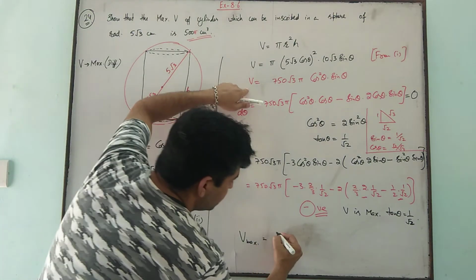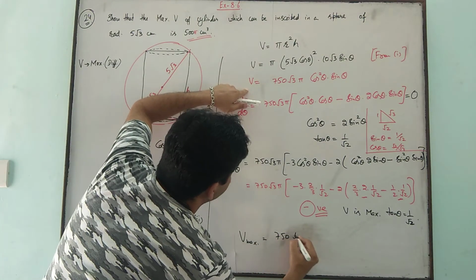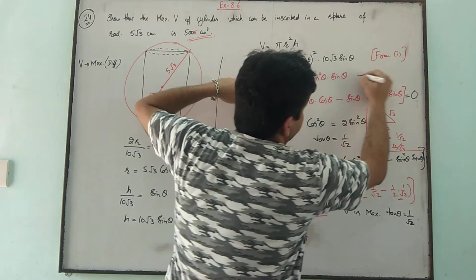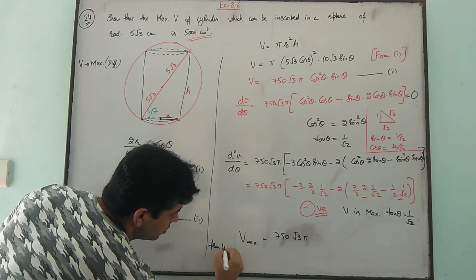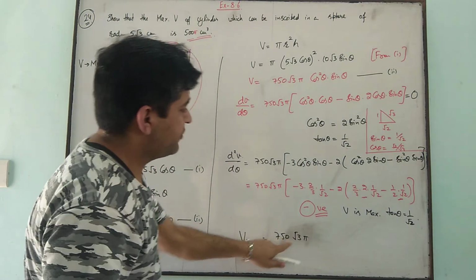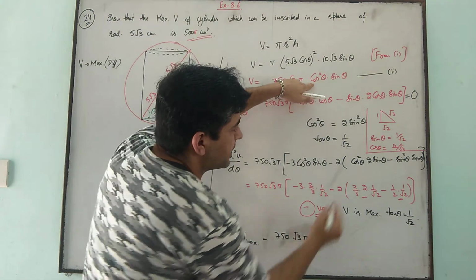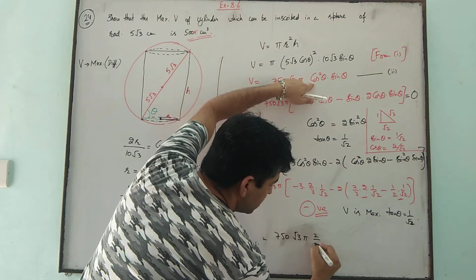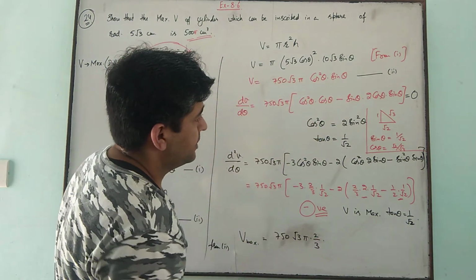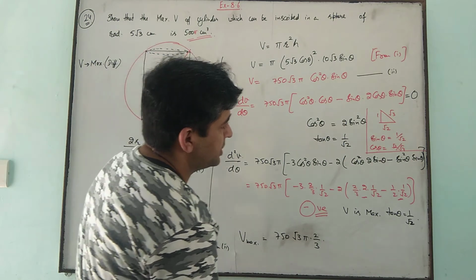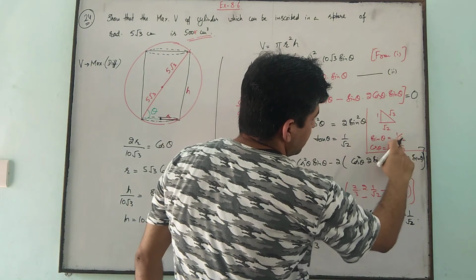Volume here is 750 root 3 pi, from equation 2, 750 root 3 pi cos square theta into sin theta. Sin theta is 1 by root 3.